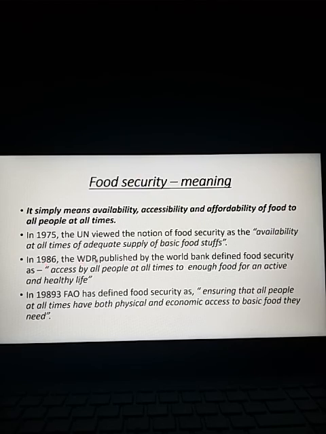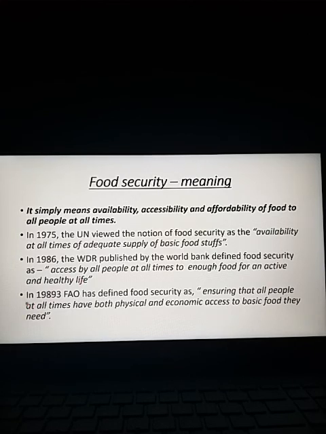Whereas the World Development Report, or shortly what I have written here as WDR, is prepared by the World Bank, and in its report in 1986, it defined food security as access by all people at all times to enough food for an active and healthy life.